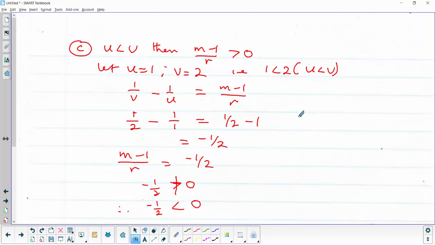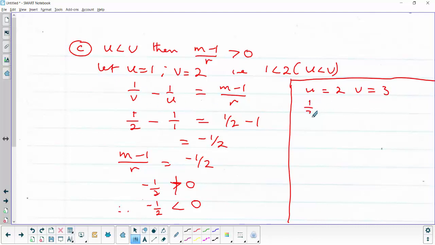We can also try another number. Let u equal 2 and v equal 3. So let us do it. 1 over 3 minus 1 over 2, which is going to give us, the common denominator is 6, so 2 minus 3 over 6.